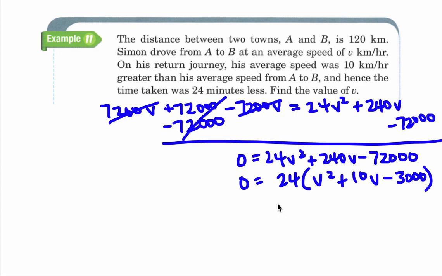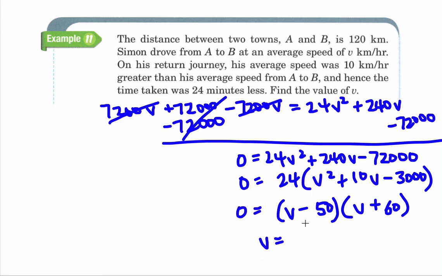So I end up with V. Let's see, the 60 would have to be positive so that it can subtract my 50 to get to that positive 10. So that means my V would be equal to 50. So 50 minus 50 would get to 0. Or I can consider negative 60, because negative 60 plus 60 will get to 0.